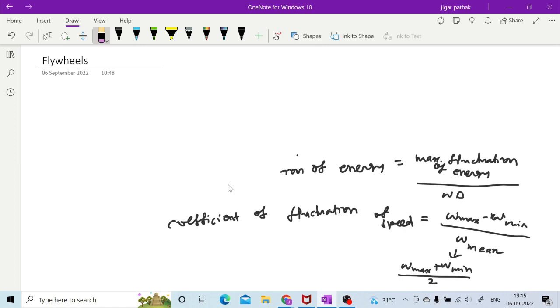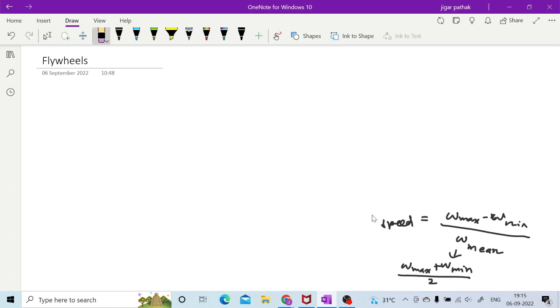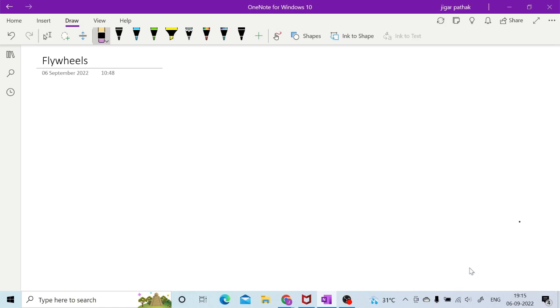Yes. So here we will see how we can come up with that equation, because based on that equation you are having multiple questions in your GATE examination. So let us start first with nomenclature. Your I is moment of inertia of the flywheel, right?